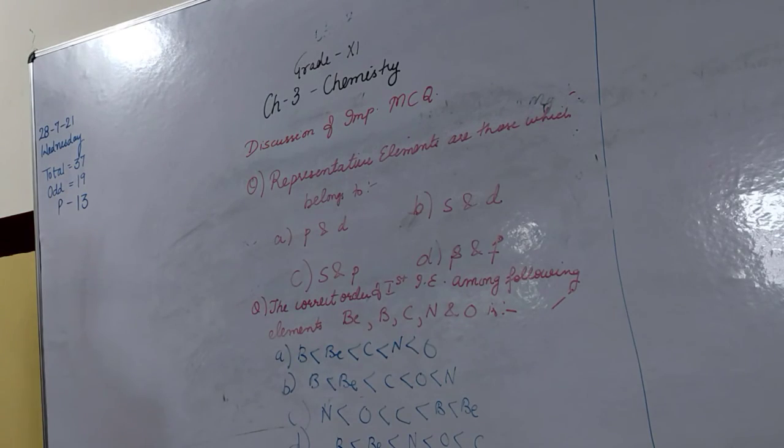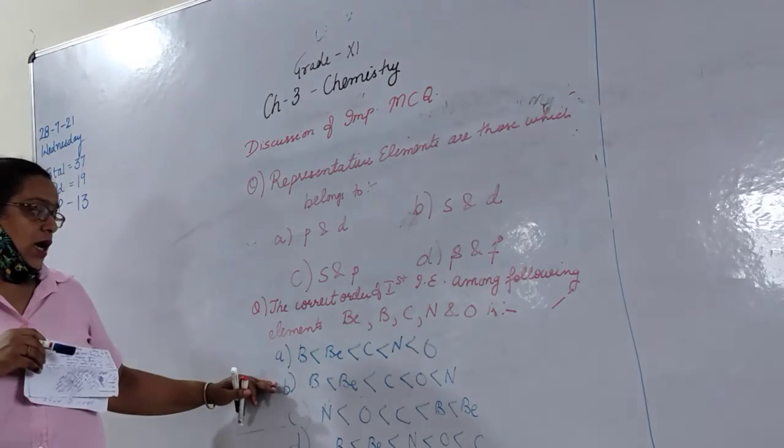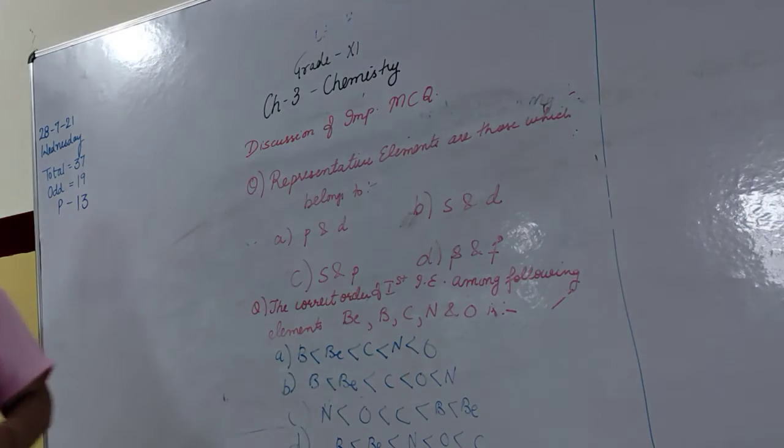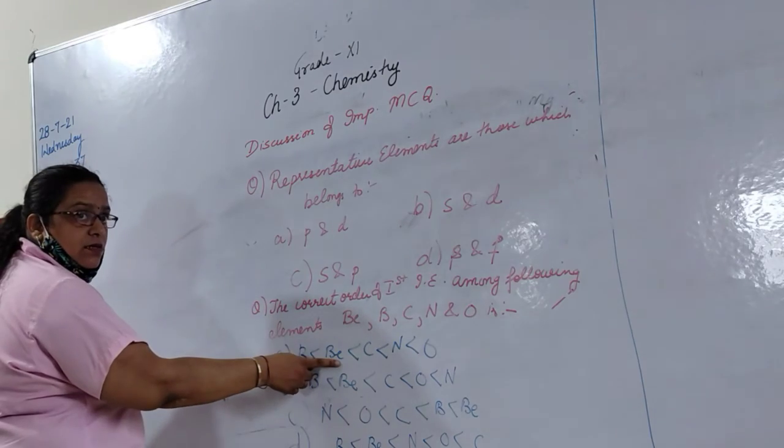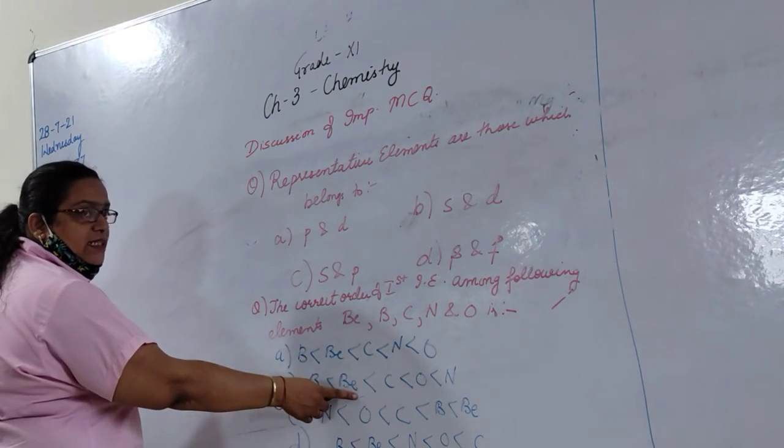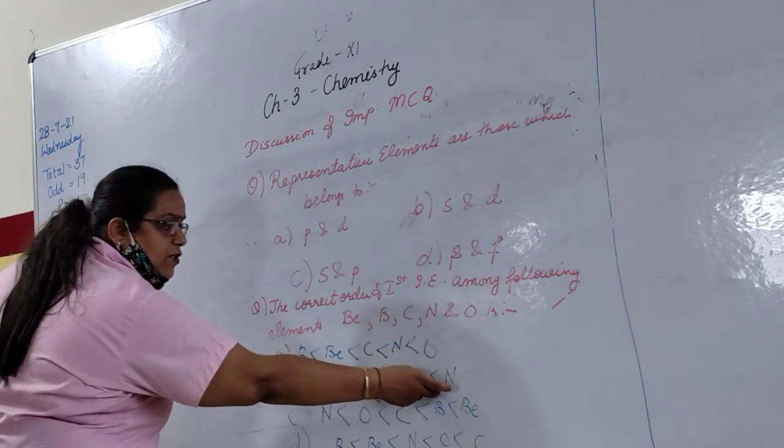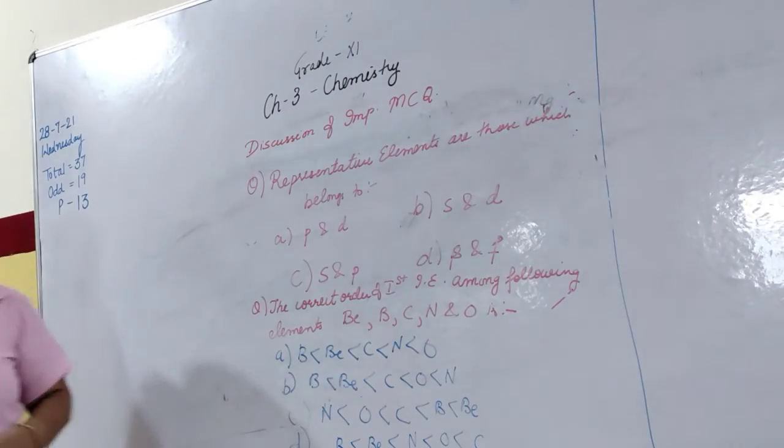First ionization energy. How are they arranged, in periods or groups? In periods. And along the periods, ionization energy increases. This must be the order. But actually, this is the order, because of the configuration.